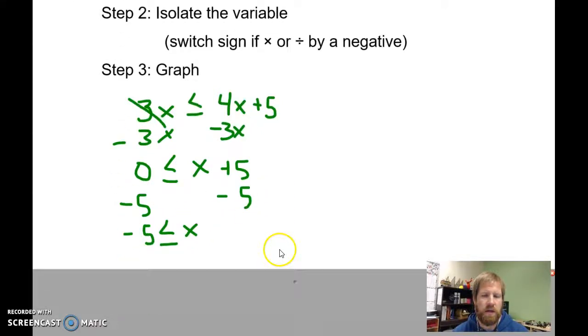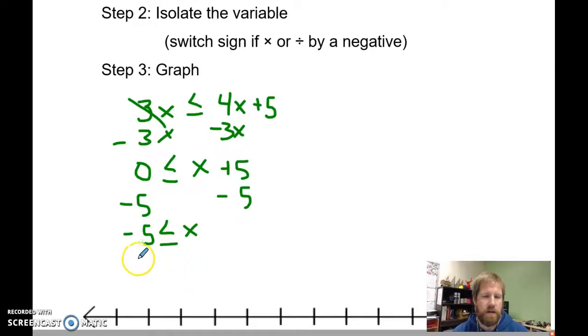And we could just flop that over to the other side without changing anything. We just turn everything around, basically.